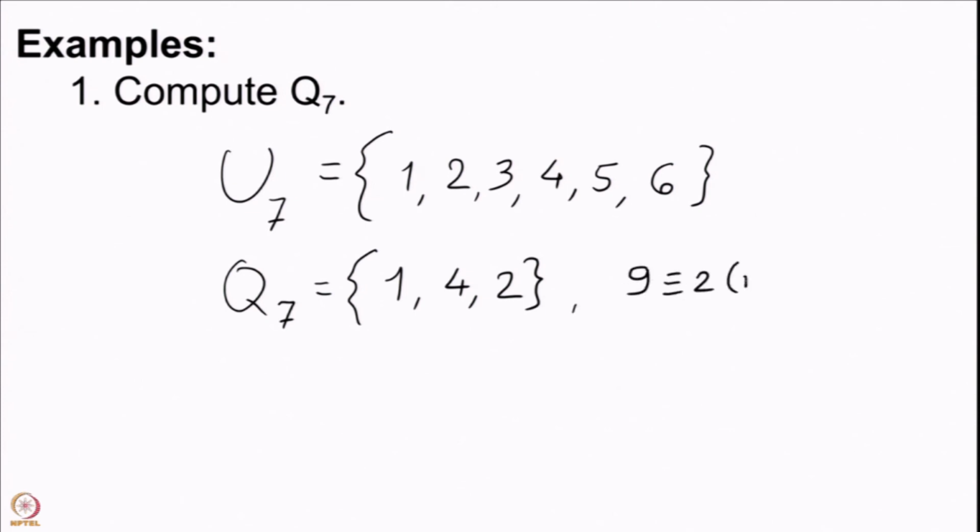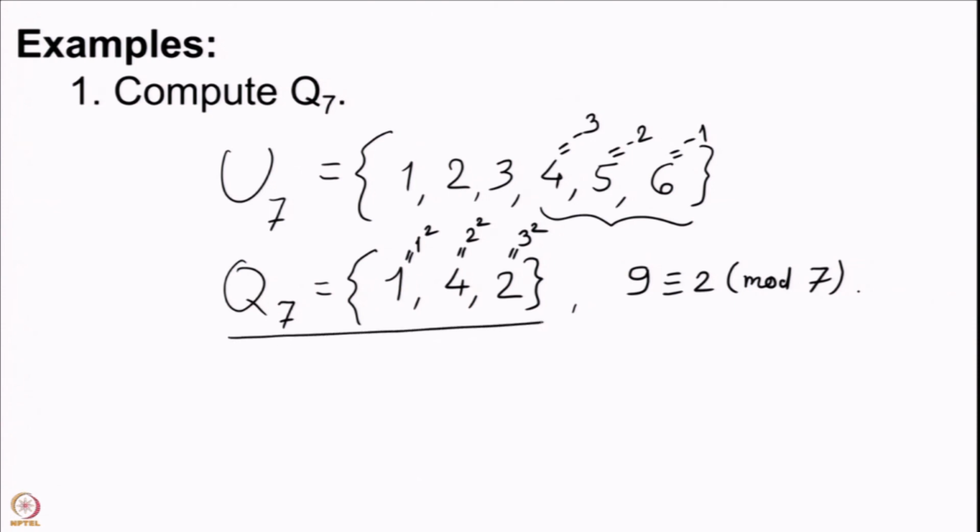So, thus we have that these are the only squares. This is the square of 1, this is the square of 2, this is the square of 3. All the 3 other remaining elements are negatives of these 3. So, 4 for instance is −3, 5 is −2 and 6 is −1. So, the squares of these 3 elements will coincide with the squares that we have. This is the complete answer for Q7.